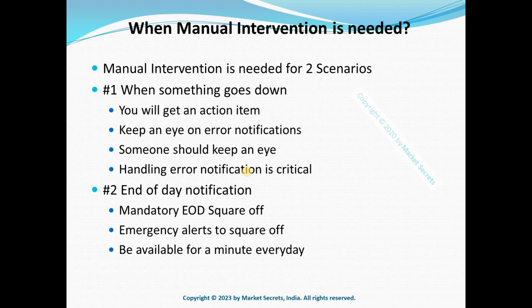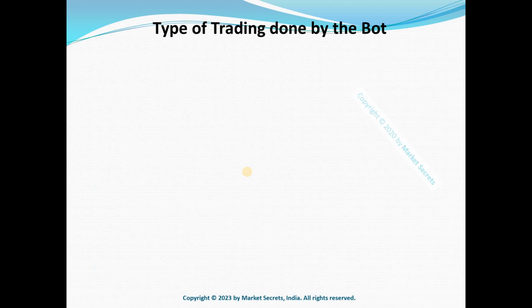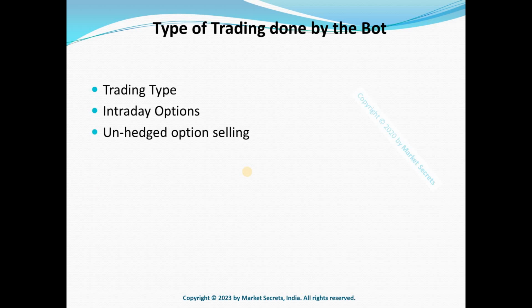Any positions that we are taking, we just have to ensure that they are squared off at the end of the day. That's the only type of manual intervention we need. When something goes wrong, the alert will be triggered and we just have to pitch in. If you are not available, at least keep an eye out in the evening to ensure that all the positions are closed. You can choose either one of these options, the one that fits you well.